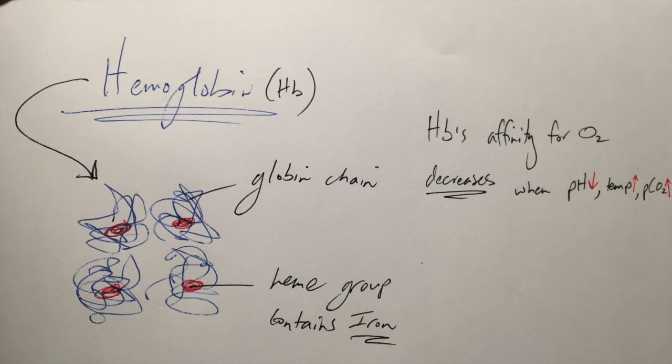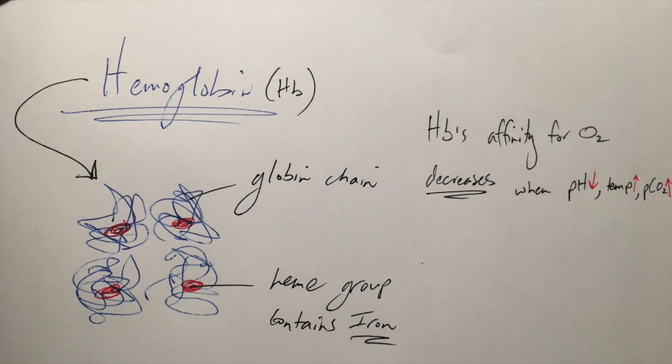And what's cool about hemoglobin is that on each one of these heme groups, it allows one molecule of oxygen to reversibly bind to that hemoglobin molecule as needed. So one molecule of hemoglobin can carry up to 4 oxygen molecules.